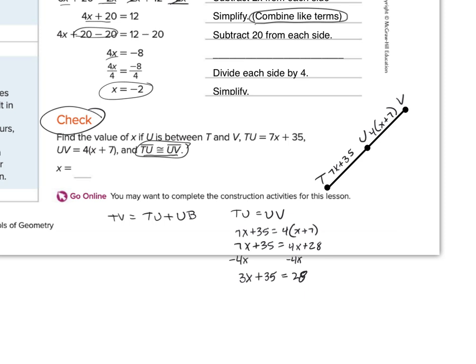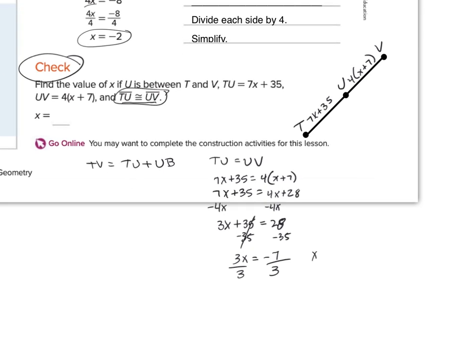Whoa. And then I want to get my numbers together, so I'm going to subtract 35 from both sides. And then I end up with 3x is equal to negative 7. Divide both sides by the coefficient of 3. Turns out that x is equal to negative 7/3.